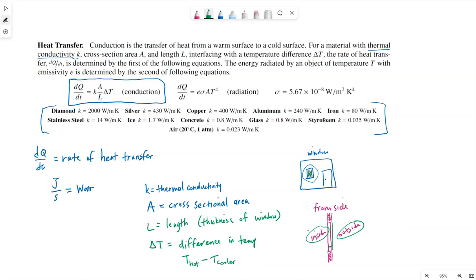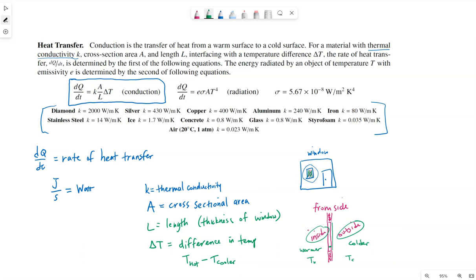So right now, outside is colder than inside my house. So I would take, for delta T, the temperature inside, the hotter temperature, minus Tc, the cooler temperature outside. And so just the difference in temperature between the two. These quantities all determine how fast the energy, the heat specifically, can transfer from one location to another.